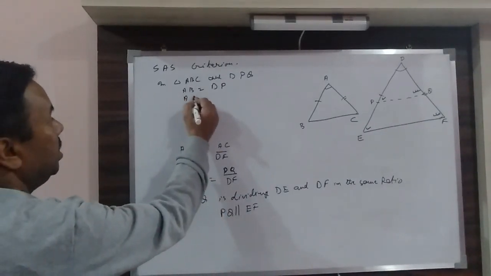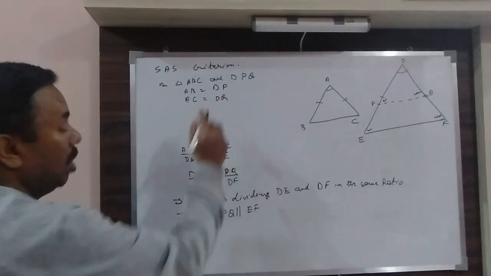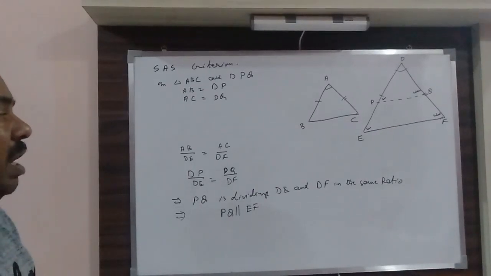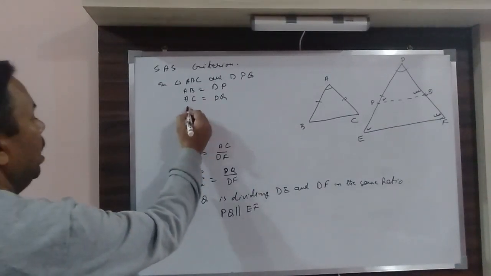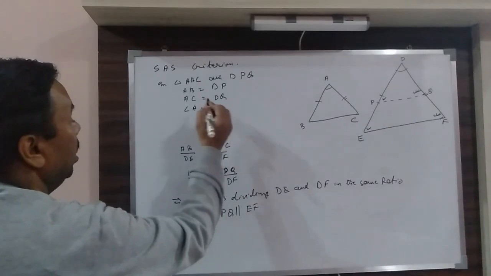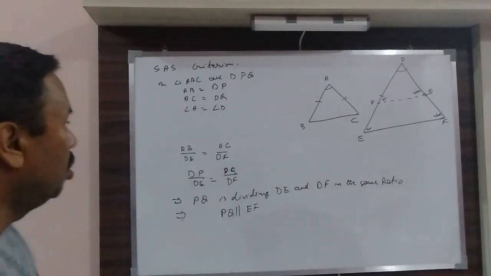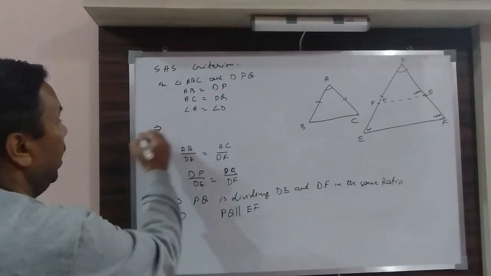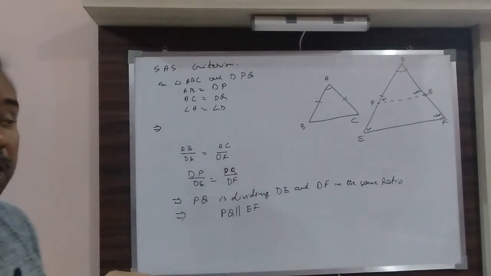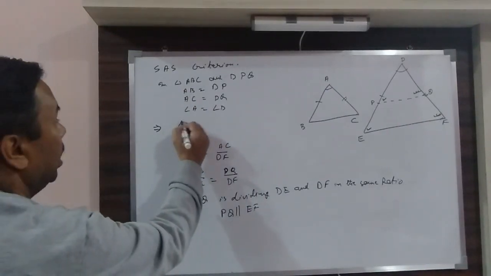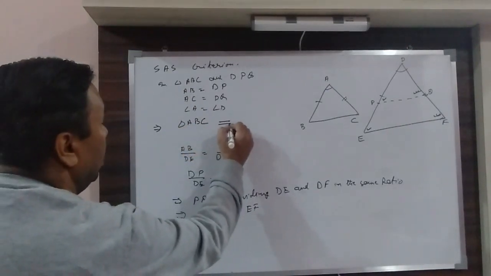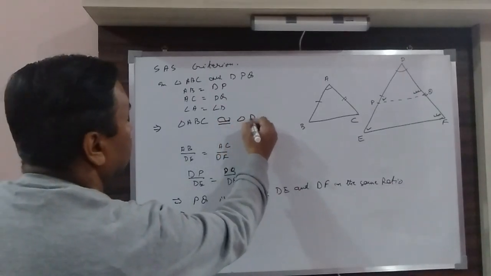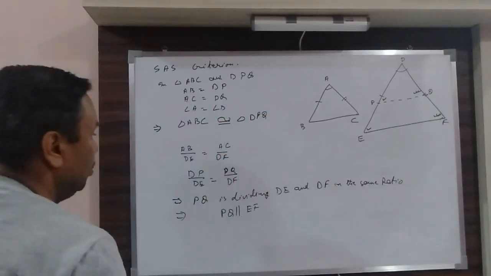Similarly, AC is equal to DQ. Again, it is my construction. And angle A is equal to angle D. It is given. So, by SAS congruency rule, I can say that triangle ABC is congruent to triangle DPQ. Okay?